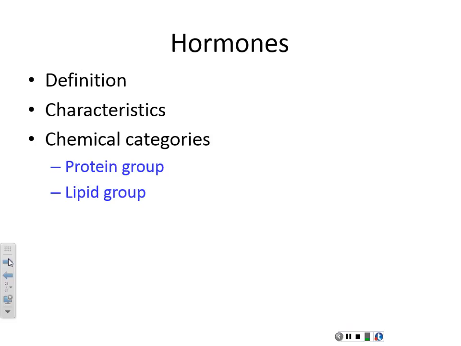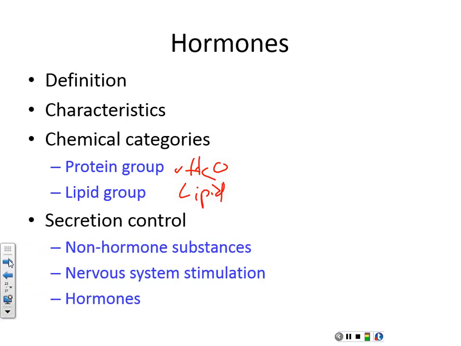And so these ones are water soluble, H2O, and these ones are lipid soluble. Therefore the water-soluble ones will have transmembrane receptor proteins because the membrane is lipid and they can't go through it. And the lipid-soluble ones will have an intracellular receptor, either cytoplasmic or nuclear, because they can go inside. So how do you control the secretion of these hormones?